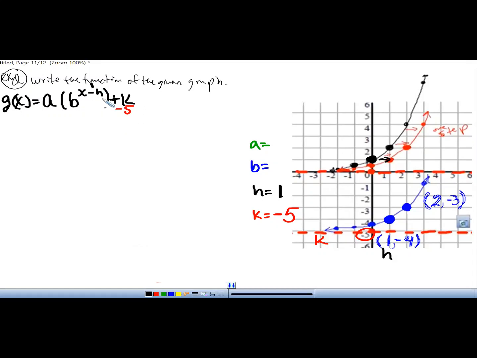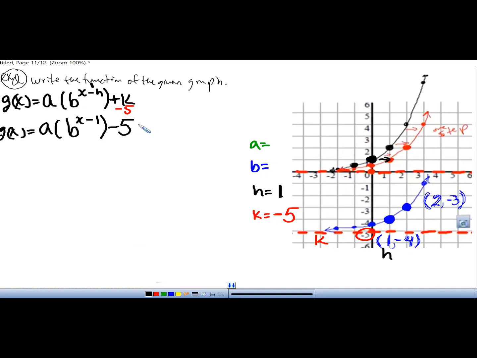All right, let's rewrite this now with those 2 values. So it's going to look like this. G of x equals a, parentheses, base b, x minus 1, close parentheses, minus 5. So far, so good? Yes, Mr. Q. So what are we missing? We're missing the parameter a and parameter b.